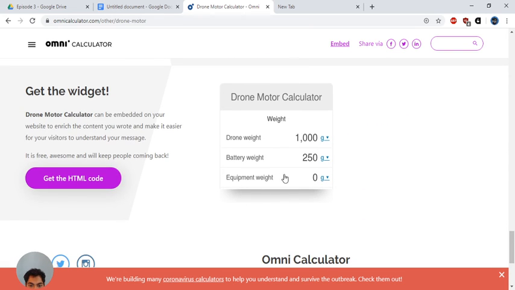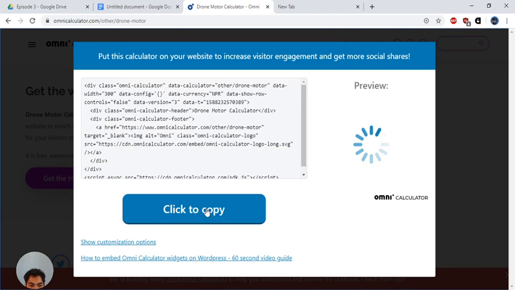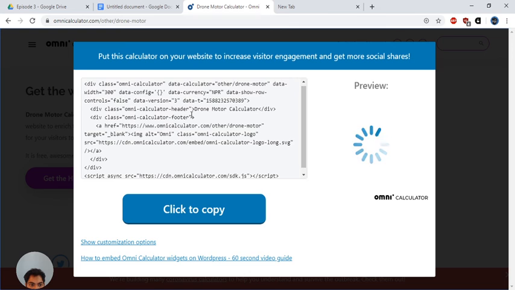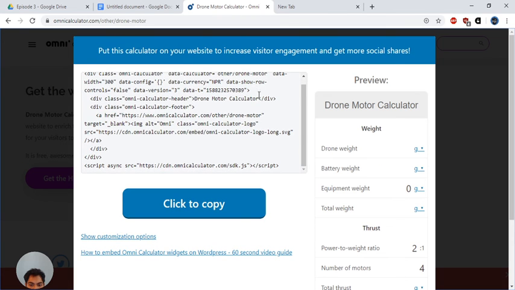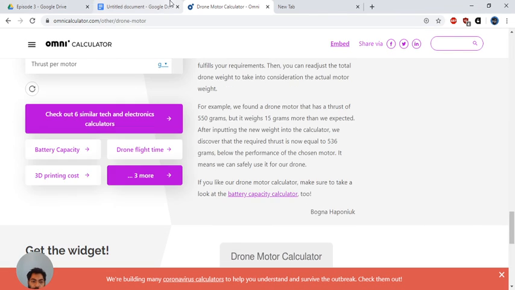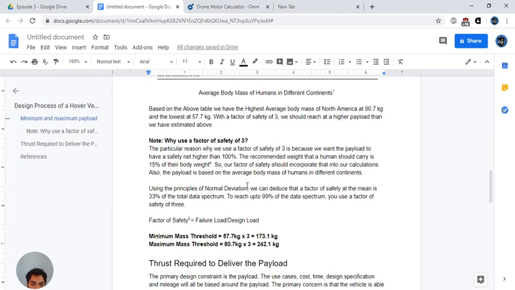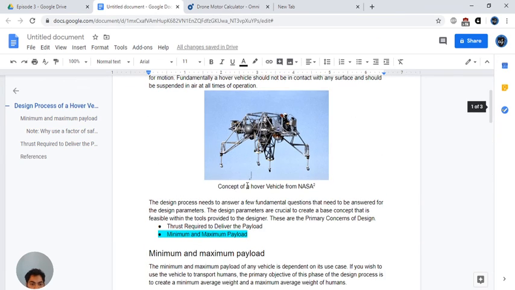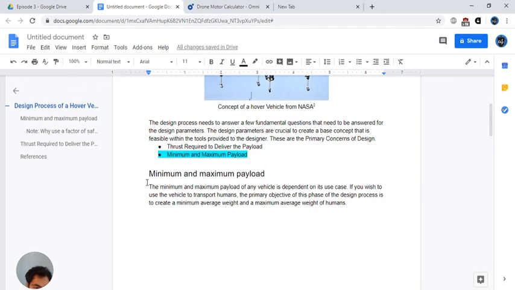Let's do this. Oh yeah, your payload weight is something different, okay?